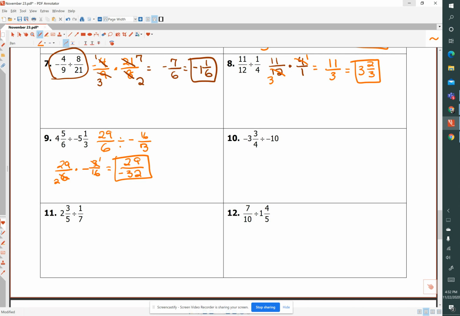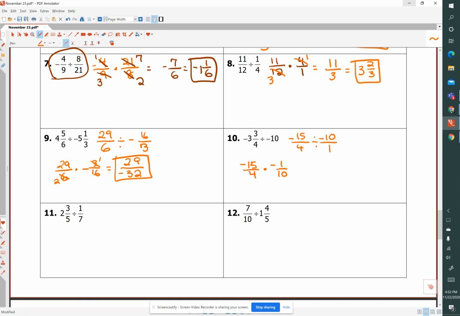Number 10. We have an improper fraction. 3 times 4 is 12, and 3 more is 15. So that's a -15 over 4, times -10. Well, before we do the reciprocal, it would be -10 over 1. So when we rewrite this, it's -15 over 4 times -1 over 10.